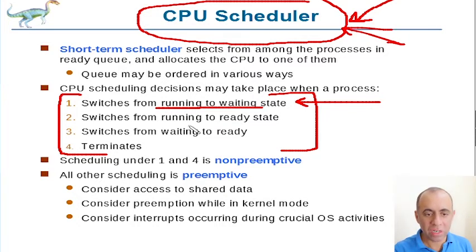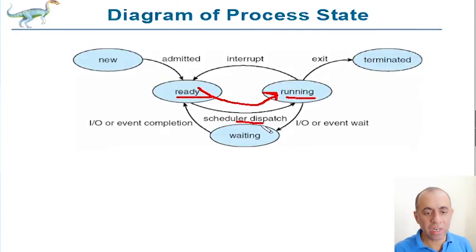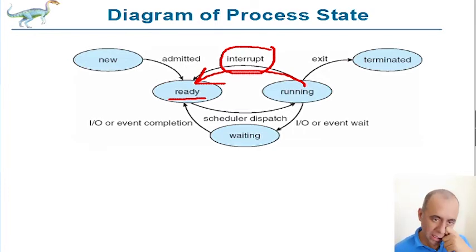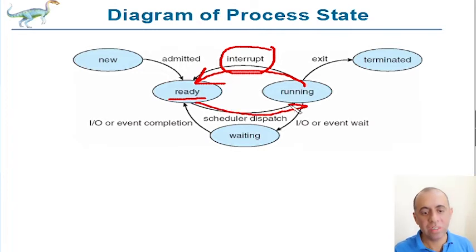Similarly, whenever a process goes from running to ready state, this is the second instance. Whenever a process is interrupted, it is sent back to the ready queue, and because of different priorities, we may need to make a new decision to select a new process to send to the CPU, right?